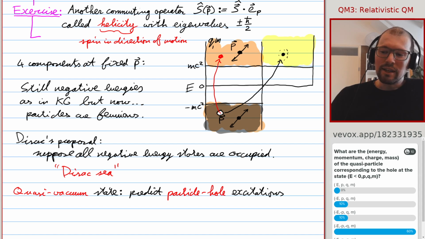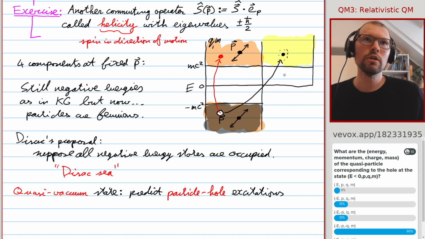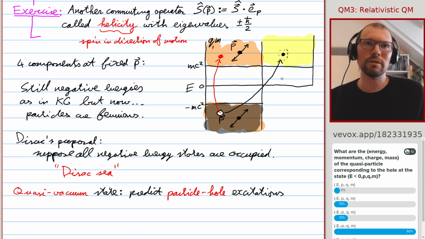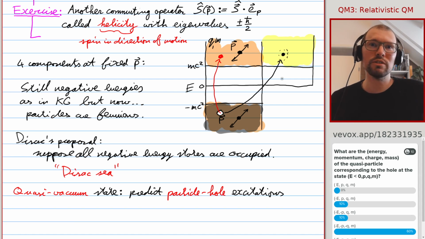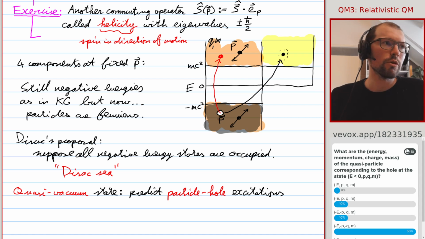So if I'm taking away a particle with negative energy, then the quasi-particle will have positive energy. Since the energy was negative, we're now adding a minus E energy particle, which also corresponds to a positive energy interpretation for the quasi-particles. The same is true for the momentum.